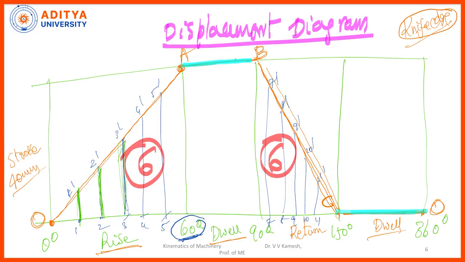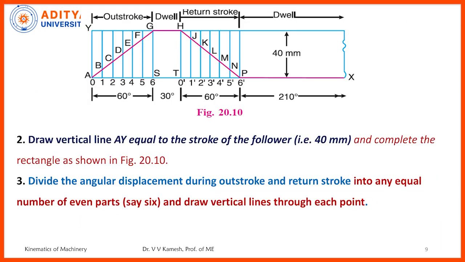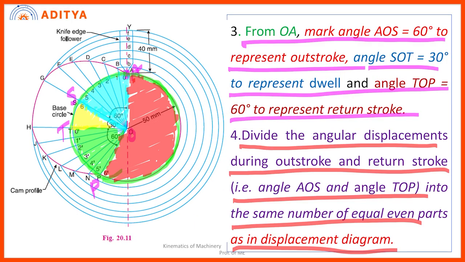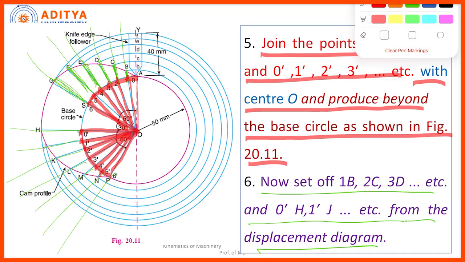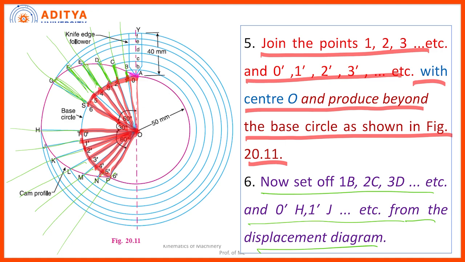This part you take and transfer. So after transferring each and every length, right, I will get point B here, I will get point C here, I will get D here, E here, F here, G here. Then if you join all of this, I will get a cam profile for the rise, right?